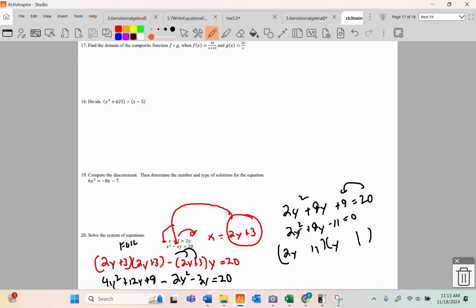Factors of 11, 11 and 1. The outside would make minus 2. 11 minus 2 is 9. So y is negative 11 halves, or y is 1. And then all you have to do is plug into that, and you'll get your x values. And I'm not going to waste time on that. Plug that in, get your x values, and you'll be done with it.